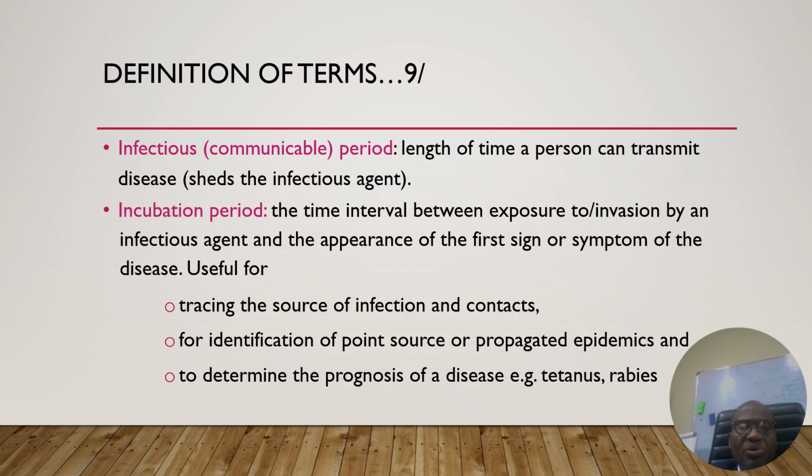The maximum incubation period, which is 21 days for Lassa fever, is the time we use to follow up such persons. Also, incubation period is useful for identification of point source or propagated epidemics and to determine the prognosis of a disease such as tetanus or rabies.